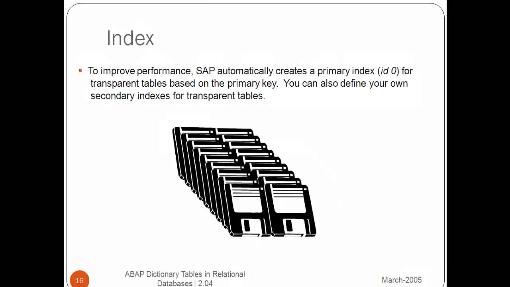Suppose I want to find out the address of a particular person. How will you find that address? You cannot jump into the table and search through lakhs of records. There should be some way through which you can find the person's details. How can I do that?